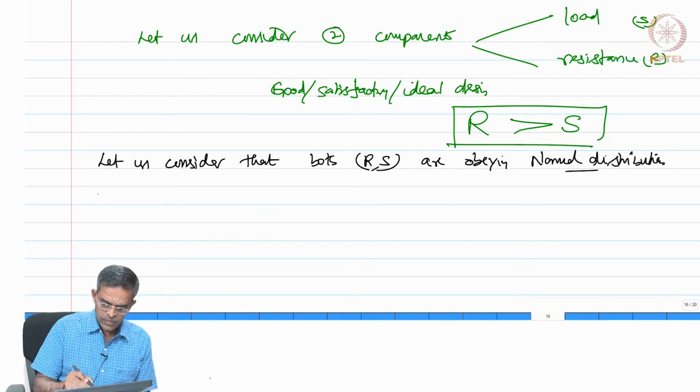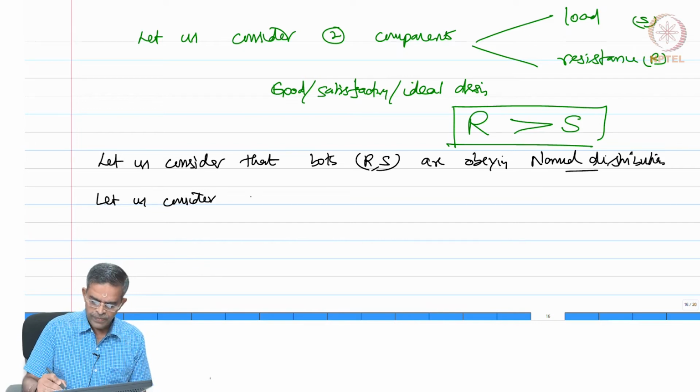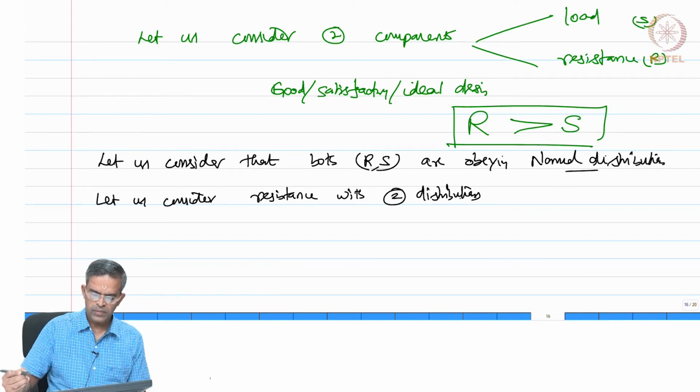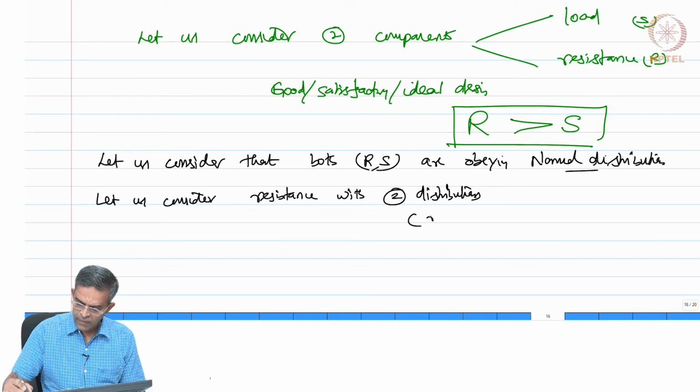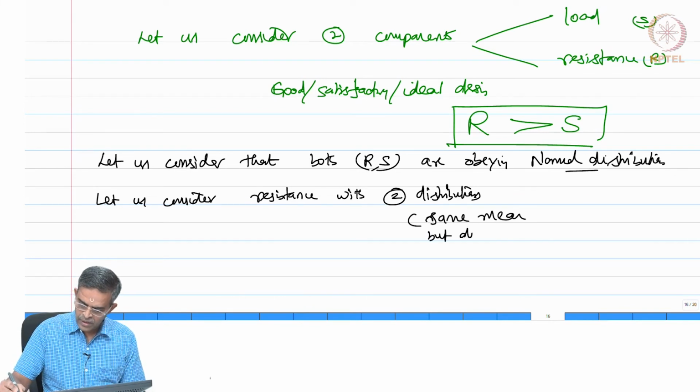Now, let us consider resistance with two distributions. They have the same mean, but different standard deviation.